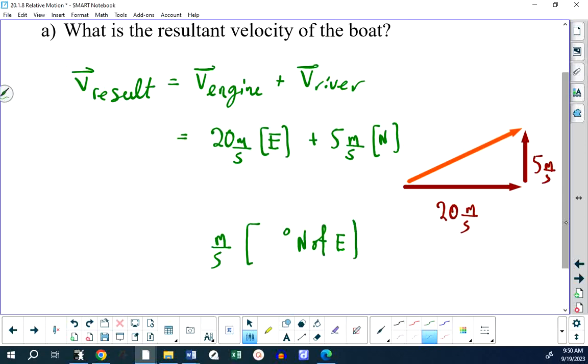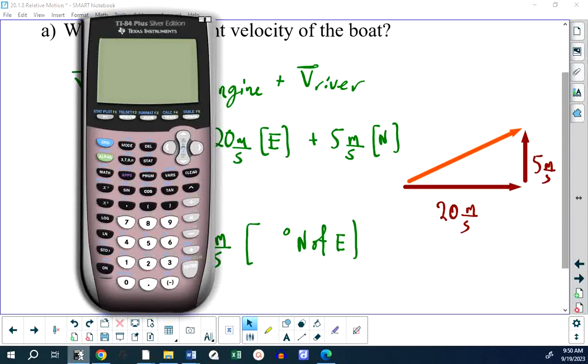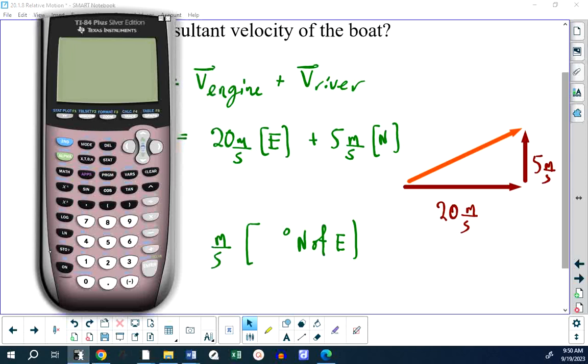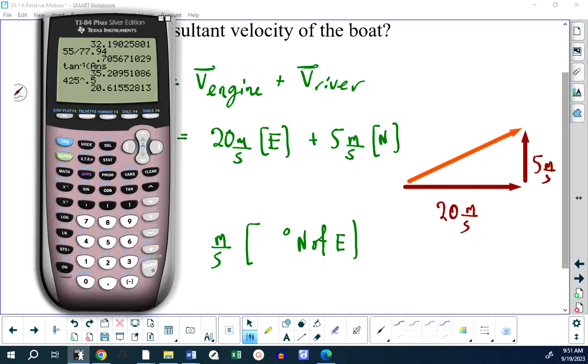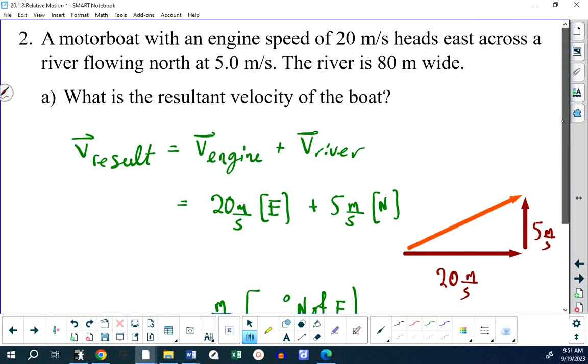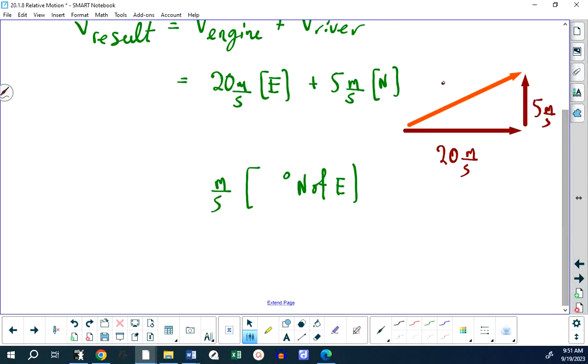Again, it's north of east because we drew the horizontal first. Did you get 21 for the hypotenuse? Don't worry about what I did. It's not important. I hope you understand. I'm going to write 21 because we're rounding to 2 digits, but it's a little bit more than 20.